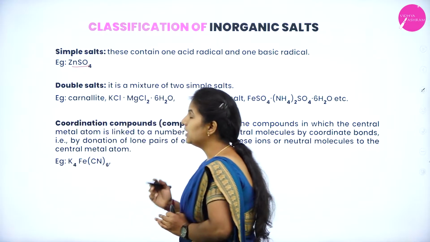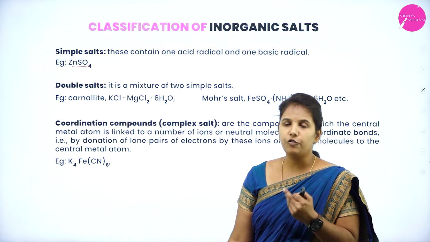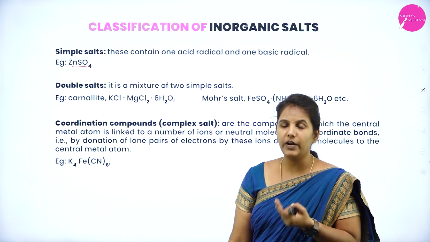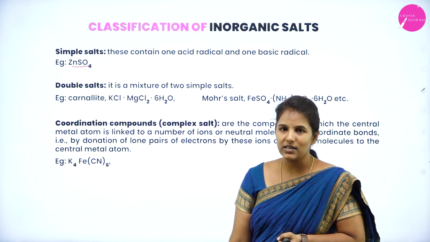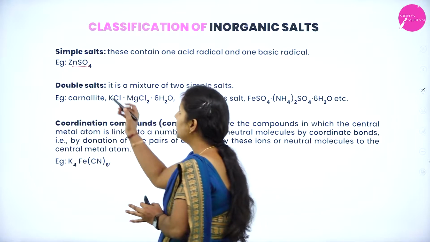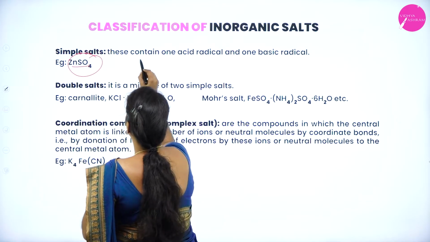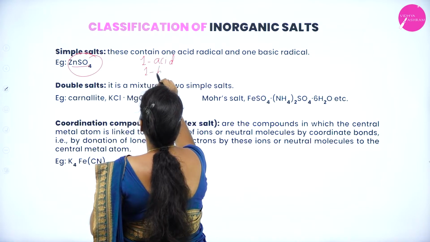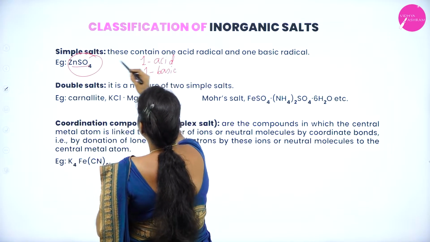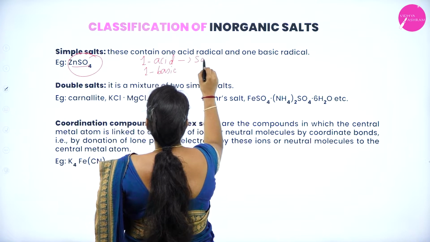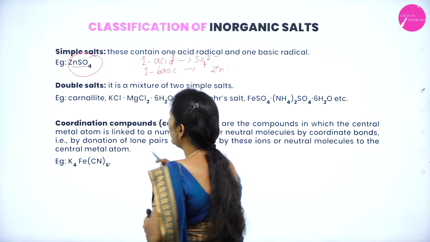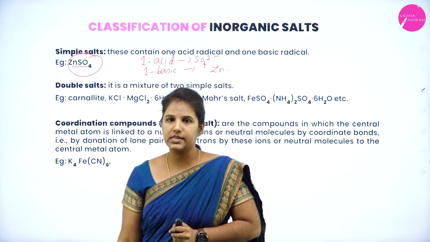Here zinc is the element forming the positive radical, and sulfate forms the negative radical. In this compound there is one acid radical and one basic radical. The acid radical is sulfate and the basic radical is zinc. It forms zinc sulfate.